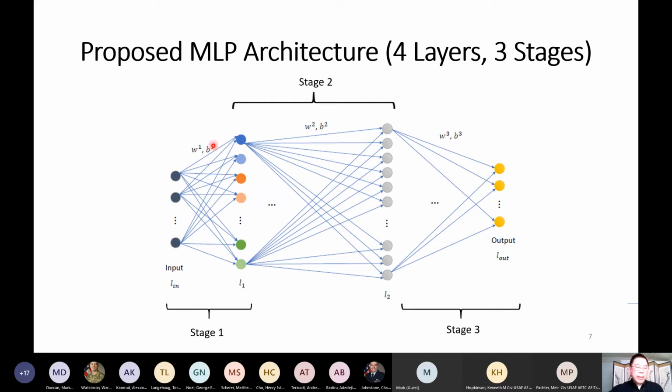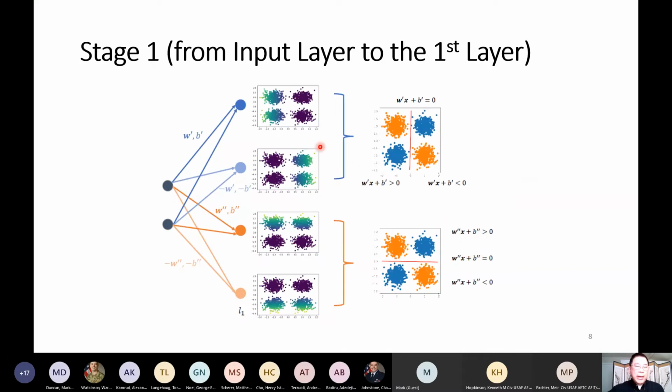The first stage is about the cutting planes: we try to cut the two-dimensional feature space into half planes. In the second stage, we try to isolate each Gaussian blob. In the third stage, we try to associate each Gaussian blob with a particular class. I will show you how to do that step by step. The first step is to cut the plane.